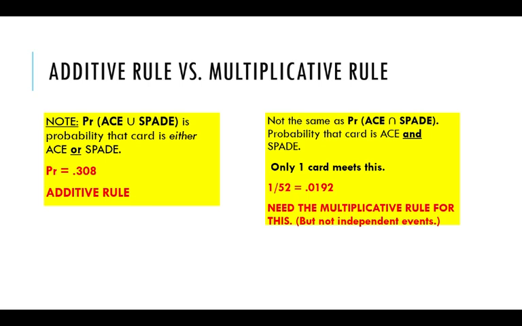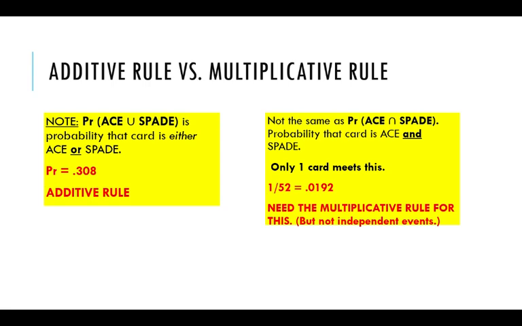And we're going to get a different probability because there are a number of cards that could be an ace or a spade. But look on the right. If I want to know the intersection, ace and spade, do we agree there's only one card that meets this? And that's the ace of spades. So 1 divided by 52, because only one card will have both of those qualities, 0.0192 is our probability.